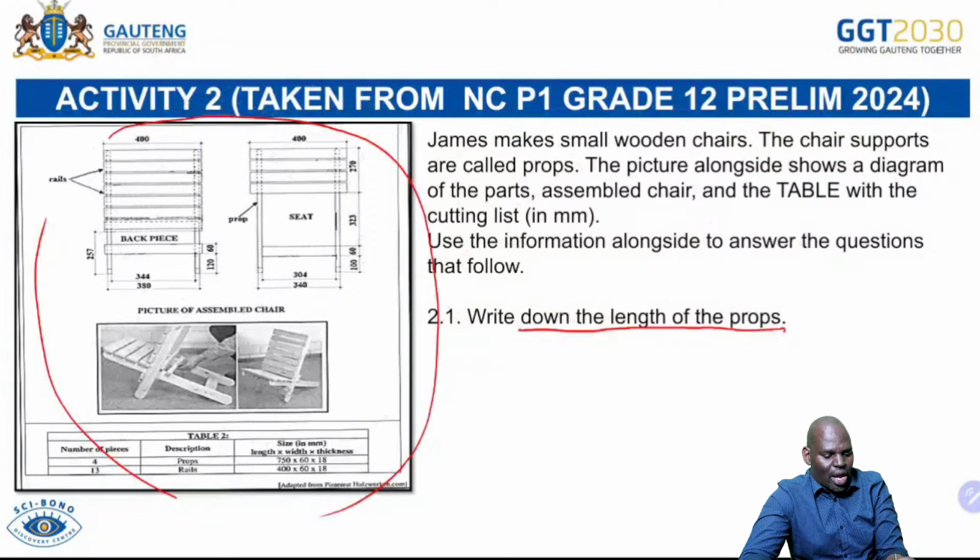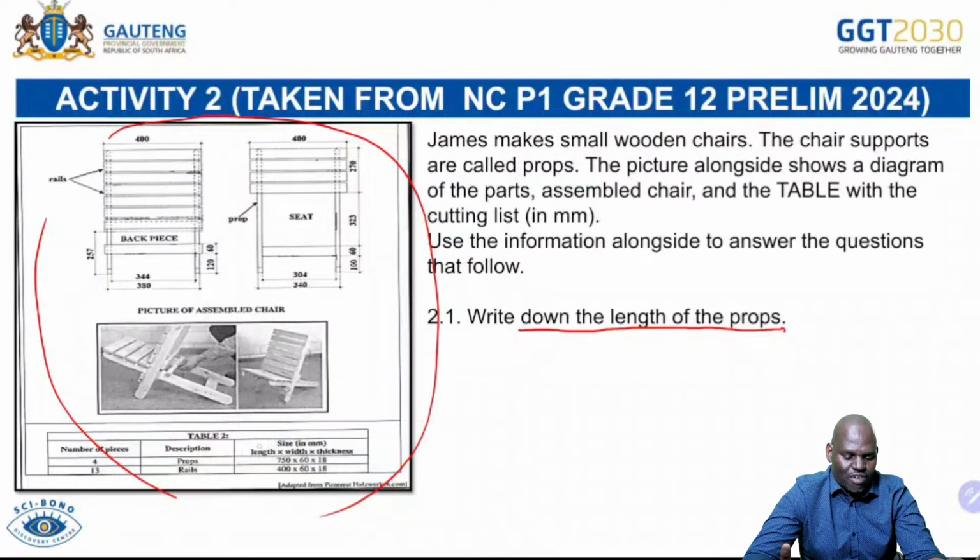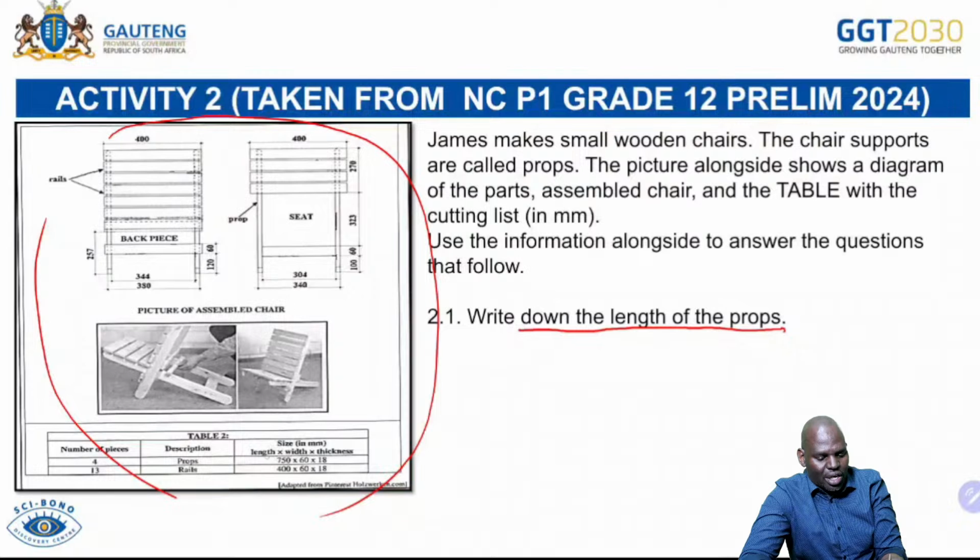If you look at the bottom of these pictures, you can see the number of pieces. It says 4. The description says props, and here they indicate the size in millimeters, but the size is in the form of dimensions. It means they indicate the length by the width by the thickness.